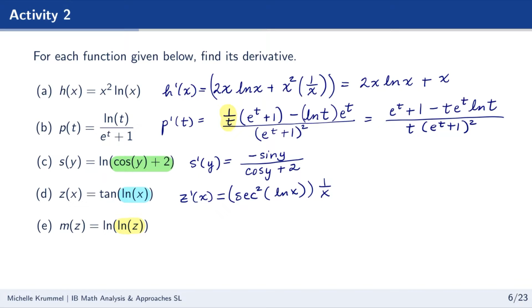So to take the derivative, m prime of z equals the derivative of ln stuff is 1 over the stuff, which is what I've highlighted in yellow, times the derivative of the stuff, and the derivative of ln z is 1 over z. So our final answer, 1 over z ln z. I do find it helpful if you have a highlighter or colored pens or pencils to highlight your inside function when you're doing chain rule. It can help you keep track of everything as you go.